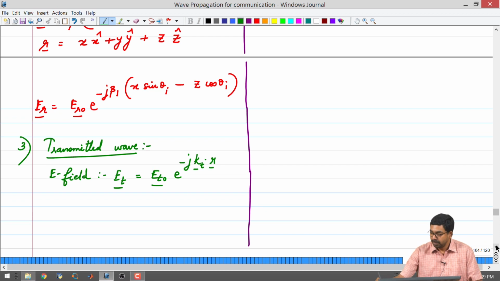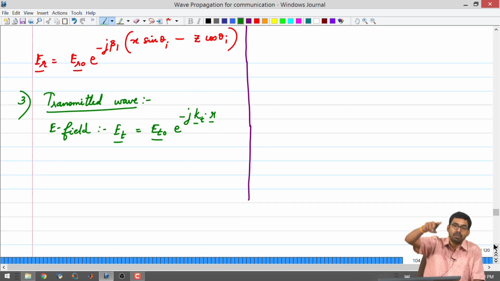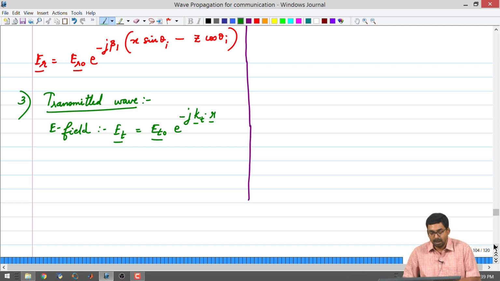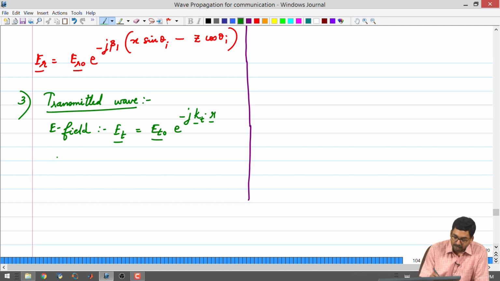Now, k t is going to have similar form as k I, all right. The only change is when you try to find out the components of n, instead of using sin theta I cos theta I, you will be using sin theta t cos theta t, that is all right. So, I will directly go ahead and write down the expression, right.